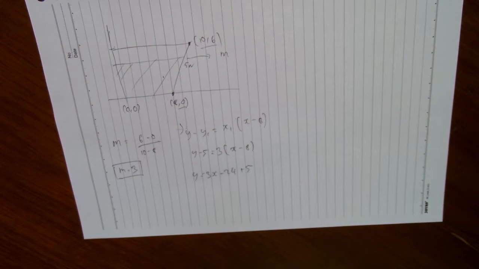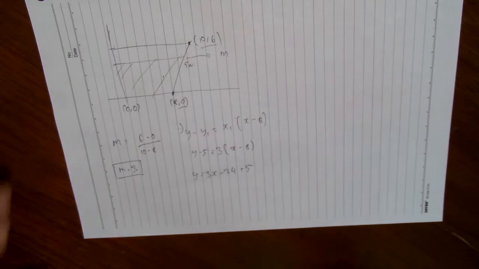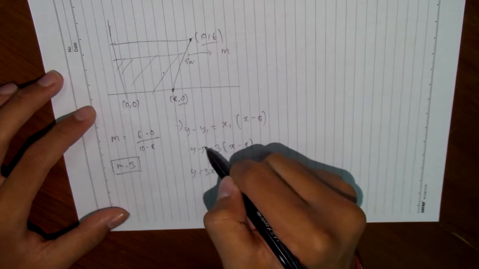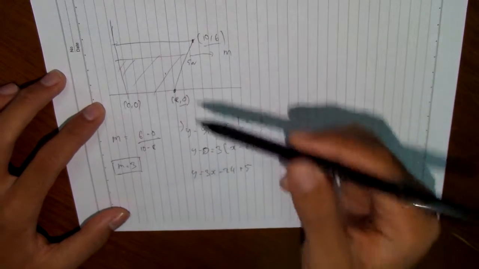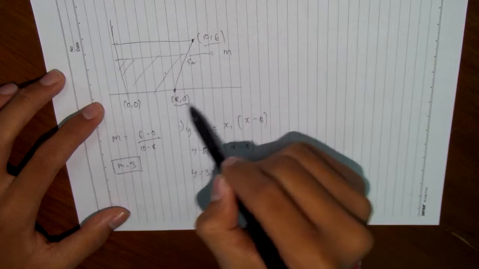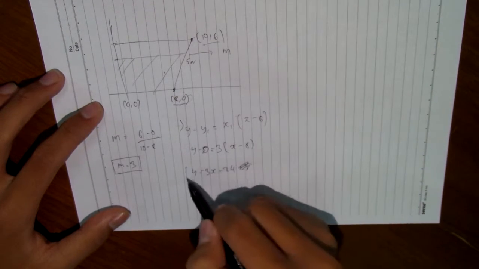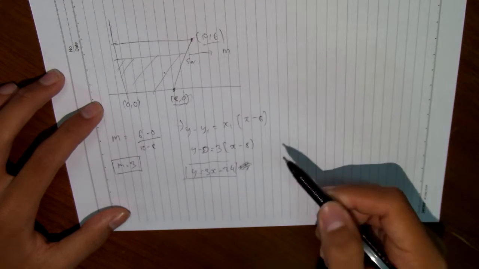Sorry, I did some mistakes. This is actually a 0, as you can see, it's 8, 0. We are doing this part, so it's 0. Okay, so this is the final equation.